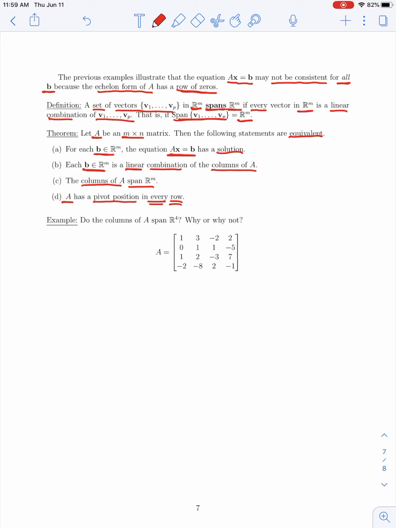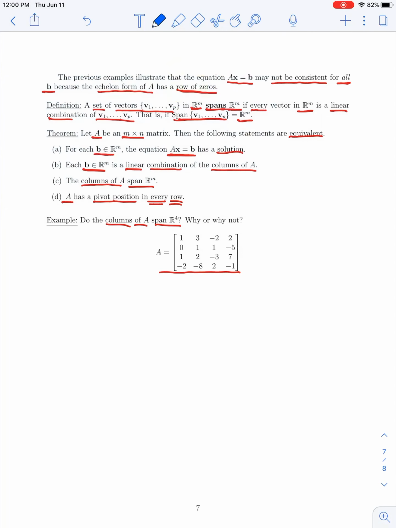All right. So given that these four things are equivalent, let's make use of this theorem to answer some questions about the span of a set of vectors. In this next example, we are given a matrix A, a 4x4 matrix, and the question is whether the columns of this matrix A span all of R4, and why or why not; we have to justify our answer here.